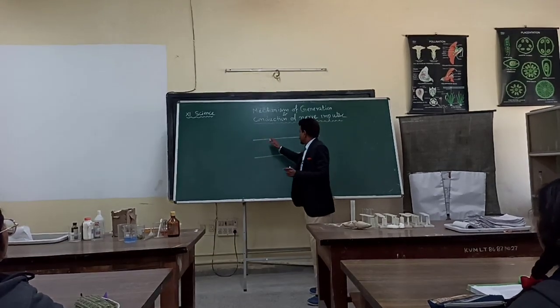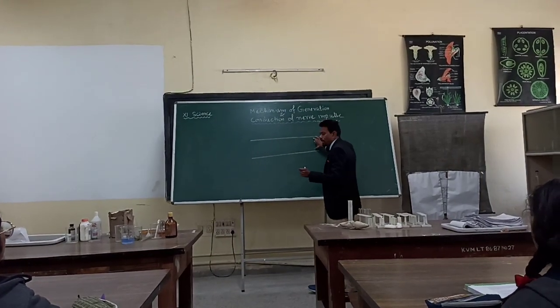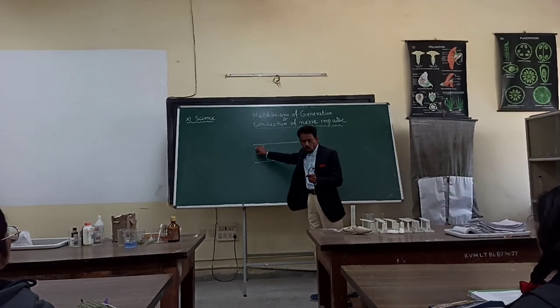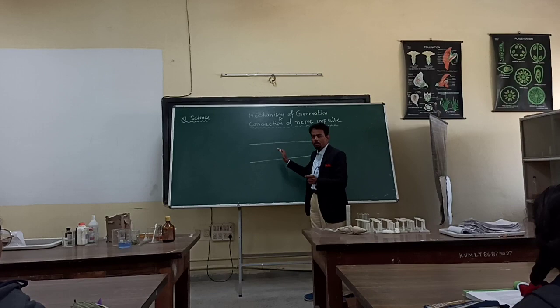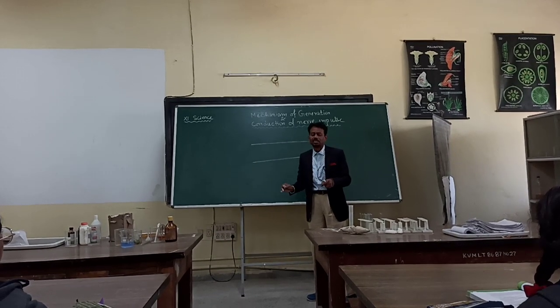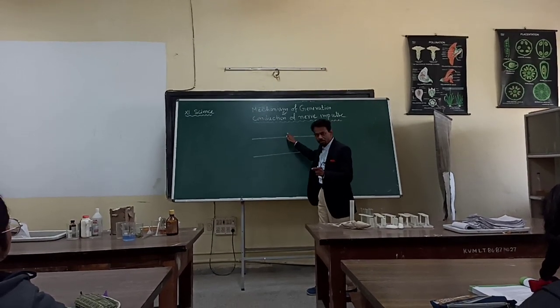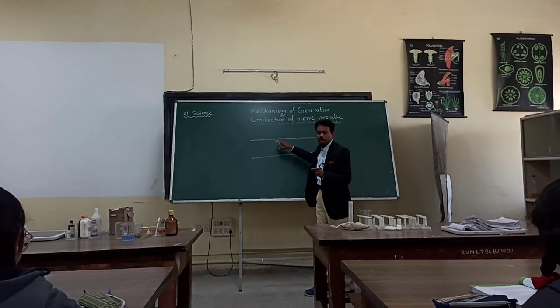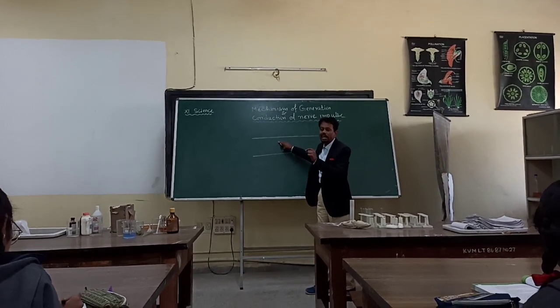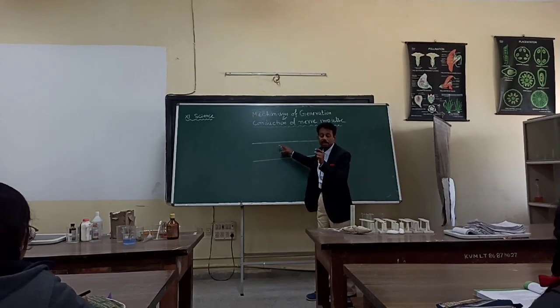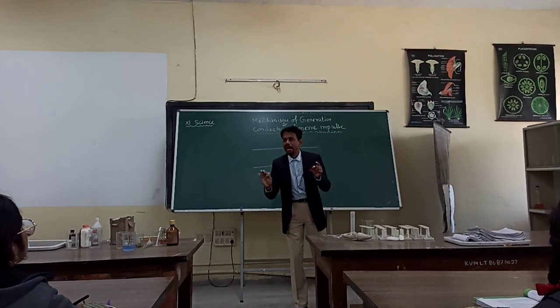And suppose this is the axon of a neuron. Now, it is covered by a membrane, just like a plasma membrane. Within that, the protoplasm present within the axon is what we call axoplasm.